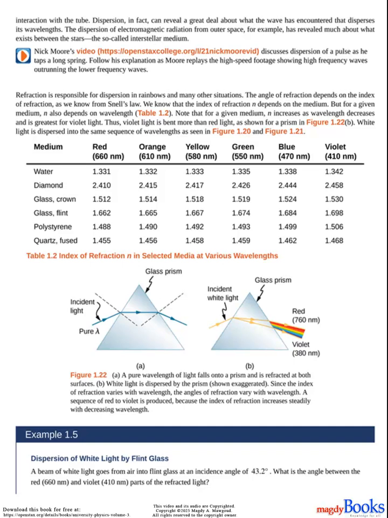Polystyrene: red, 1.488; orange, 1.49; yellow, 1.492; green, 1.493; blue, 1.499; violet, 1.506. 6.